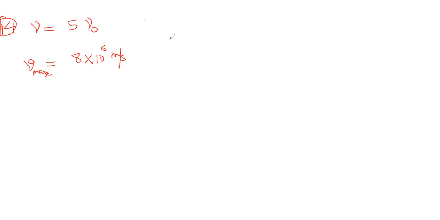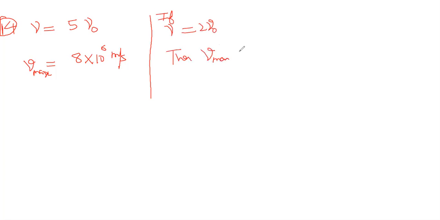This is situation number 1. In the second situation, the question says if nu was equal to 2 times nu naught, that is, if it is doubled, then what would be your Vmax?